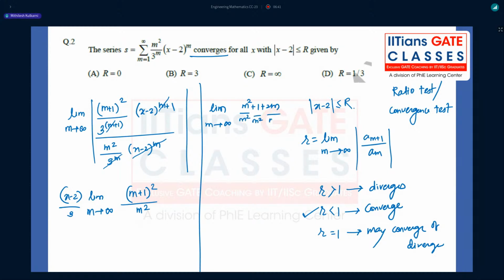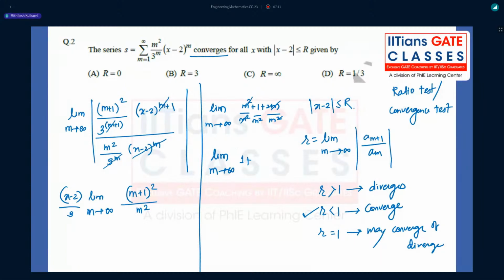If you individually divide it, m square will cancel, and we get 1 here.